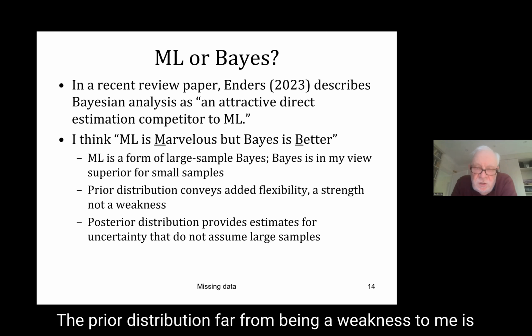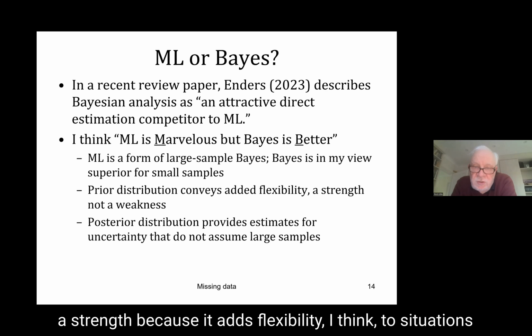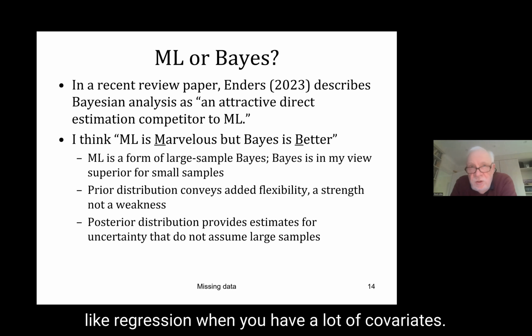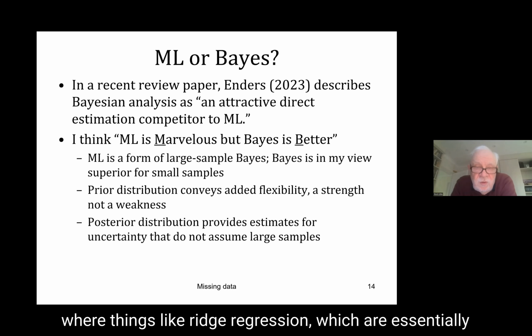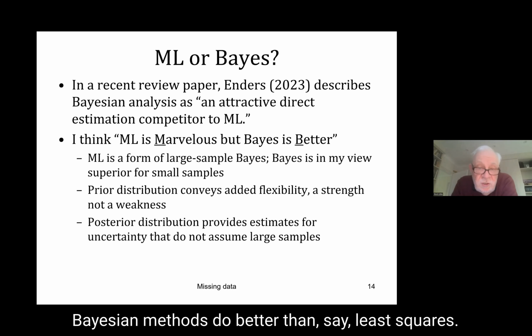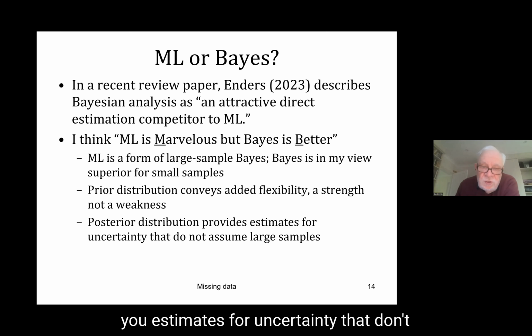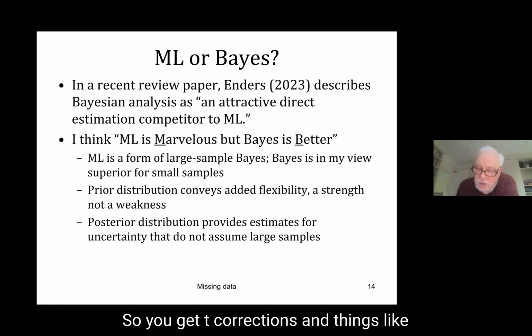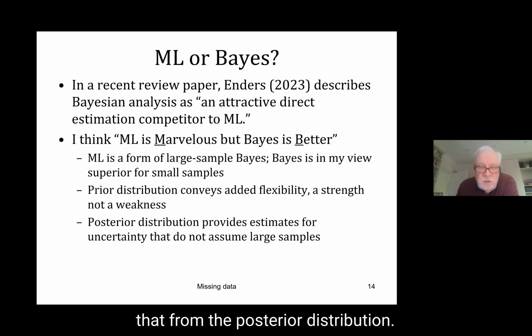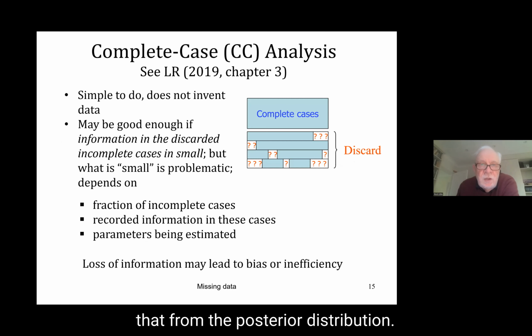The prior distribution, far from being a weakness, to me is a strength because it adds flexibility, I think, to situations like regression when you have a lot of covariates, where things like ridge regression, which are essentially Bayesian methods, do better than, say, least squares. And then a posterior distribution gives you estimates of uncertainty that don't necessarily assume large samples, so you get t corrections and things like that from the posterior distribution.